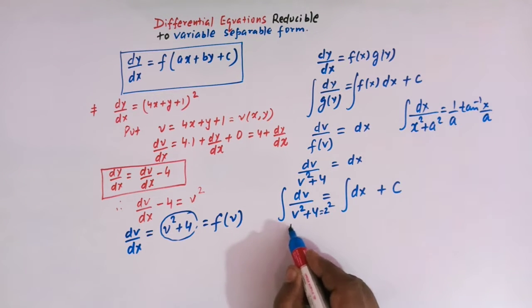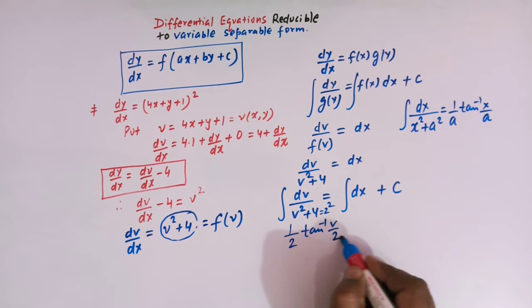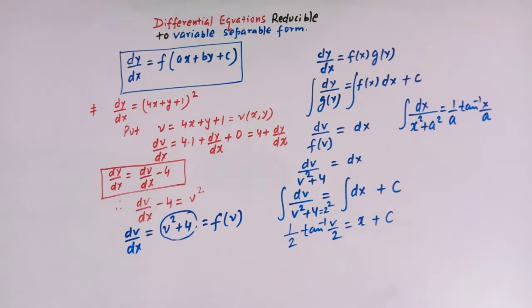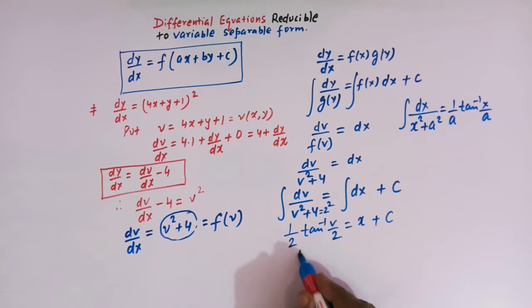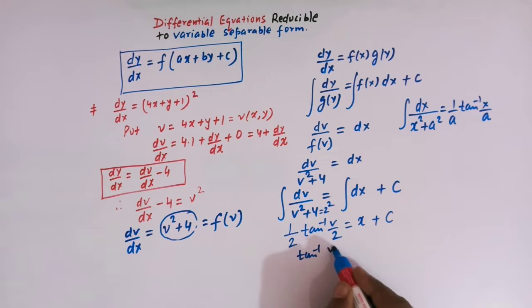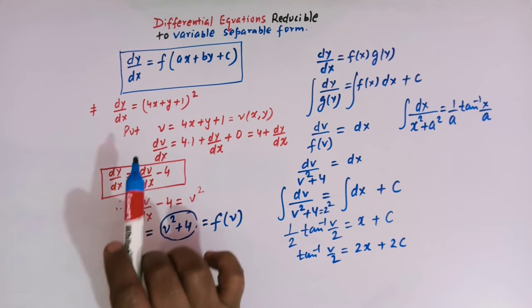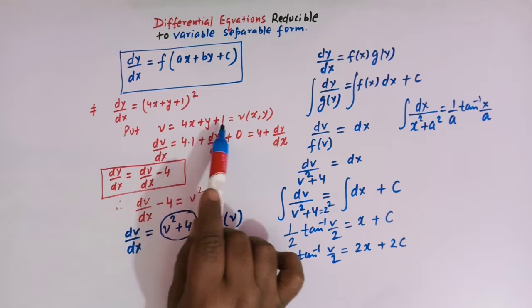So now we can write 1 over a, that is 2, and here we have tan inverse v over 2, and the integral of dx is x, and here we have c, right? Okay, now we can multiply both sides by 2, so we'll get tan inverse v over 2, that is, here we have 2x plus 2c, and now we can resubstitute the value of v as 4x plus y plus 1.